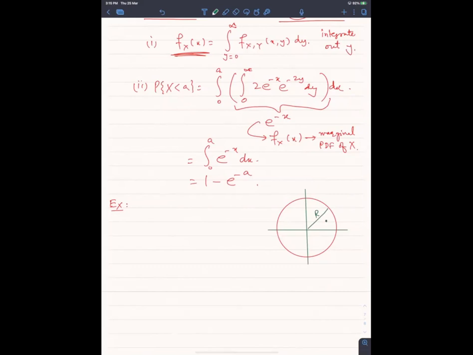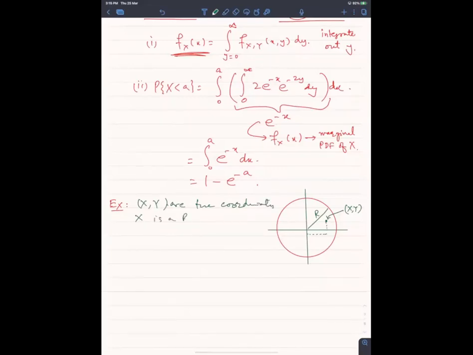ये किसी एक जगह पे चूज कर लेते हैं. एक कहीं पे भी randomly, equally randomly कहीं पे भी चूज कर लिया. उसका ये वाला distance is x and vertical distance is y. So this point, the coordinates of this point are going to be x comma y, where x comma y are the coordinates.